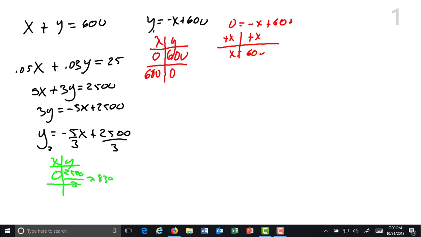So now I'm going to set y equal to 0. So if I set y equal to 0, I have 0 equals minus 5/3 x plus 2,500 divided by 3. So obviously I'm going to multiply both sides by 3, correct? And 3 times 0 is 0. That works out really nice.